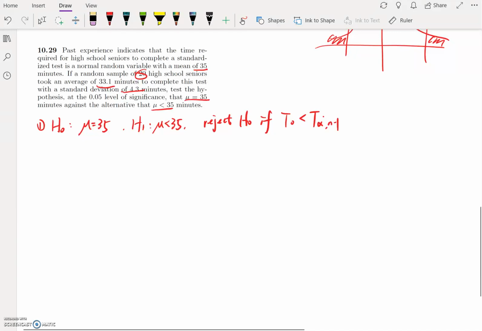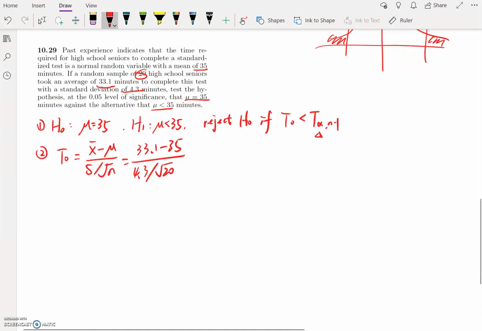Because it's a one-sided test, it's not alpha over 2 here, it's just alpha. Second, we get T0. T0 is x bar minus mu divided by s over square root n. So it's 33.1 minus 35 divided by 4.3 over square root 20. So we get the result minus 1.976.